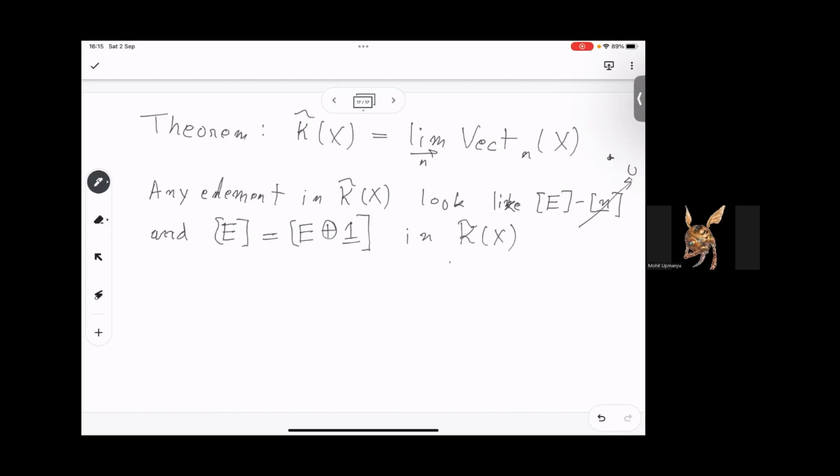So if we were going modulo this equivalence relation, where a vector bundle direct sum trivial is the same as the vector bundle, that is the same as saying Vect_n X maps to Vect_{n+1} X, where E goes to E direct sum 1, and then we take the direct limit of these maps. So these are the maps via which we are going to take the direct limit. Okay.